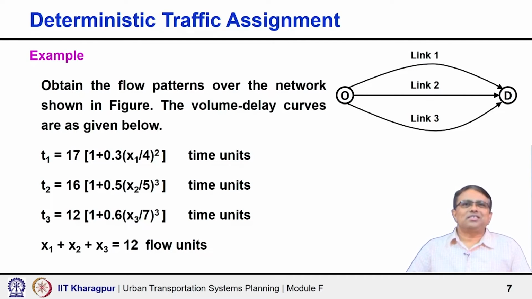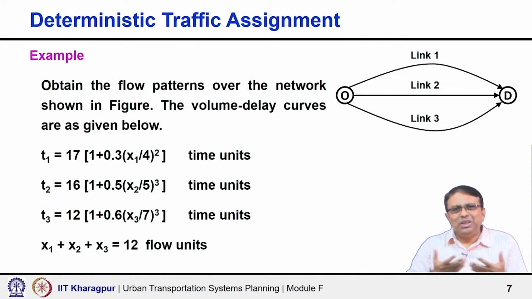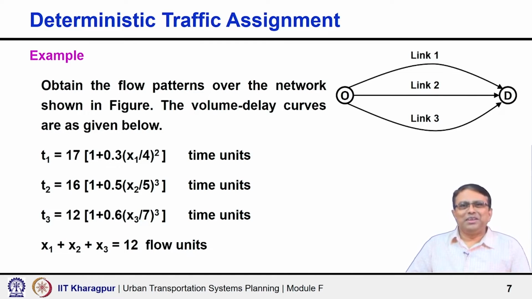So let us take these three paths, link 1, link 2, link 3. Remember that you may not get the exact feel of all these assignments, because assignments are done on a network basis. So you have multiple origins, multiple destinations, between every OD pair some demand is happening, and there may be a large number of links in the network, some links even may be common to some paths.